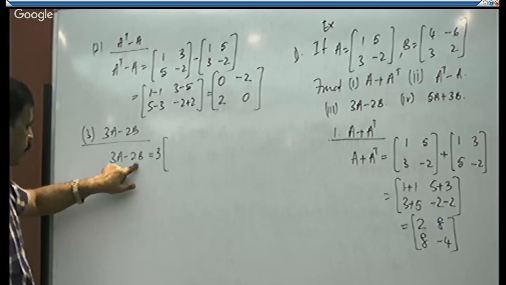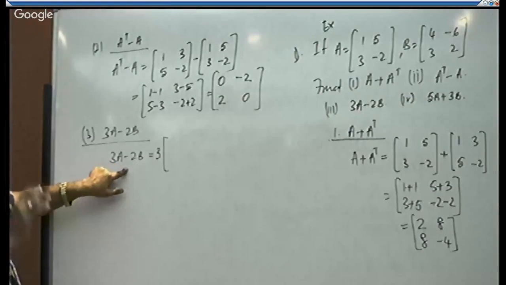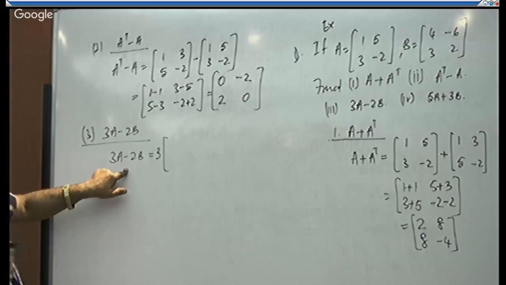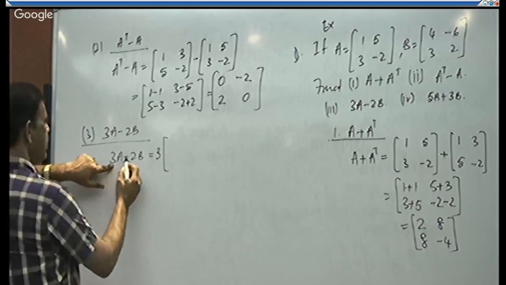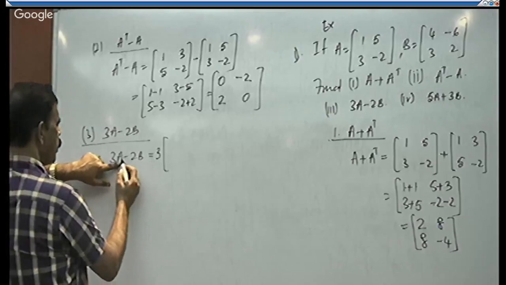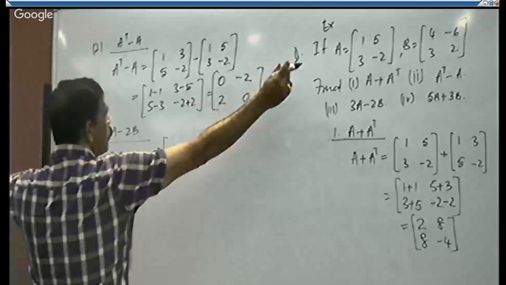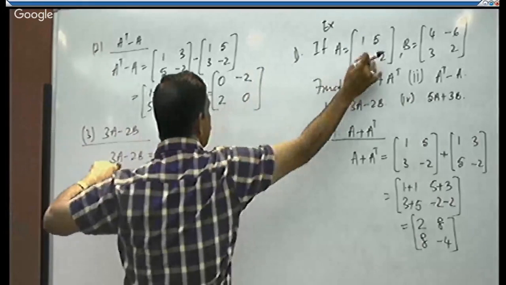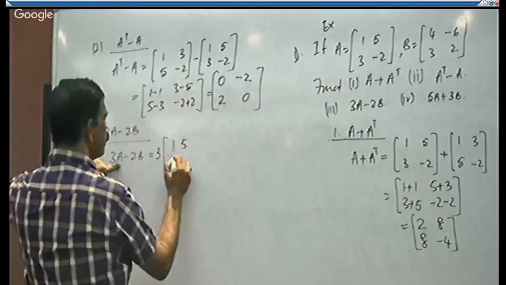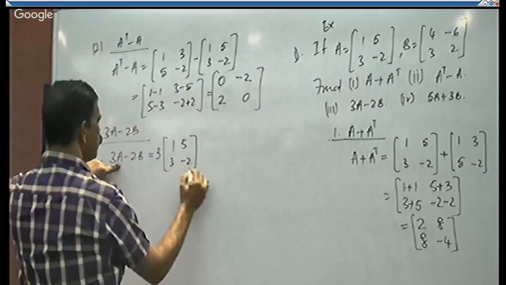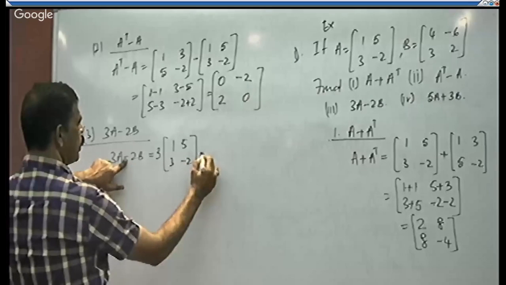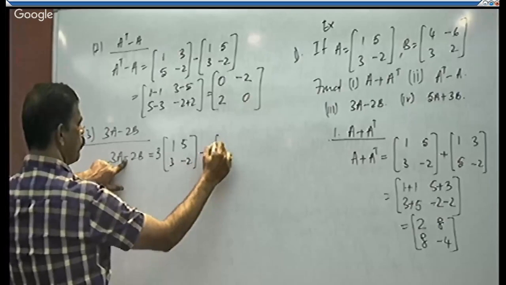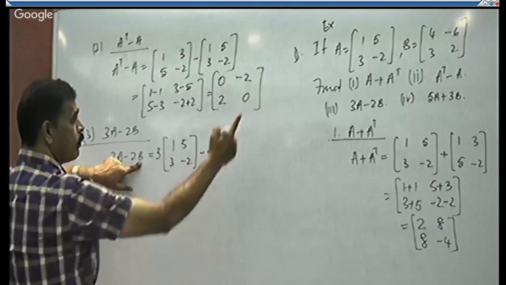So what we need to calculate, you write according to that and perform the procedure. Okay. 3a minus 2b. Just write 3, then write a. What is a? A is 1 by 3 minus 2. Then what is symbol? Minus. Then 2 into b. What is b?